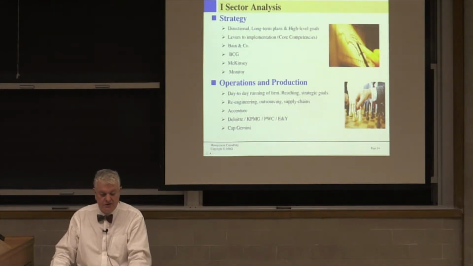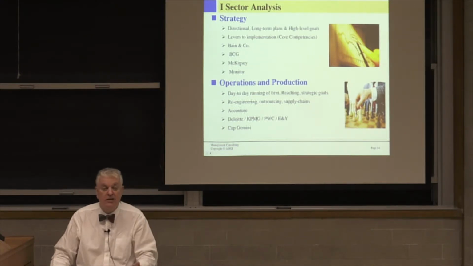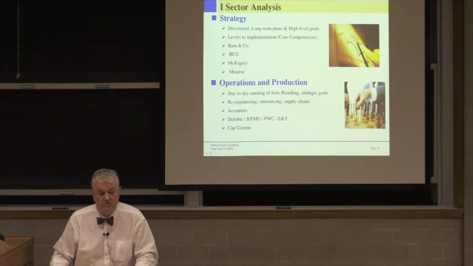Here are some of the companies involved in strategy, levers to implementation, high-level goals, long-term plans, visioning, directional planning, operations, re-engineering, supply chain management. And these are the companies. There's Boston Consulting, McKinsey for strategy. Now, KPMG, Deloitte and Touche, all those companies do strategy as well.